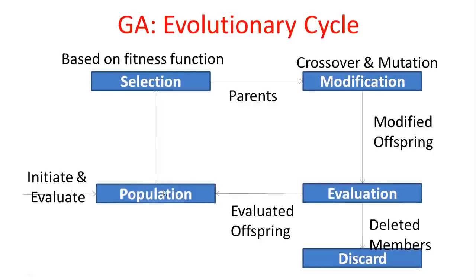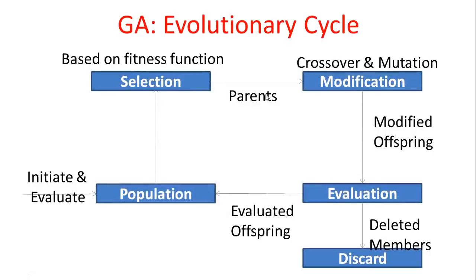From this set of solutions, let us say we'll select two solutions. This is selected based on a fitness function. We'll calculate the fitness score for every solution. So from all the feasible solutions, we'll calculate the fitness score using the fitness function for each one, and based on the fitness score, we'll select the two solutions.